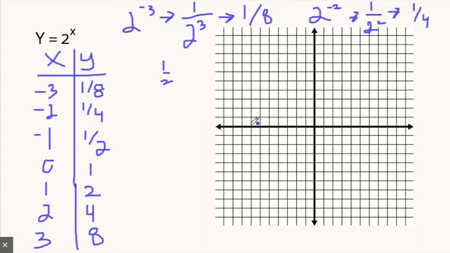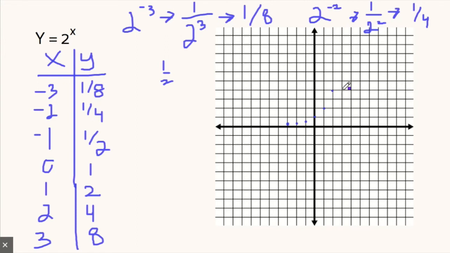Now let's graph those points on our coordinate grid. -3, 1/8 is going to be 1, 2, 3, about here. -2, 1/4 is going to be a little higher than that. -1 is going to be a half. 0 is 1. 1 is going to be 2. 2 is going to be 4.